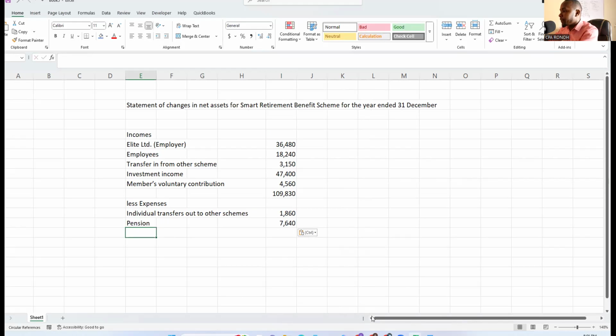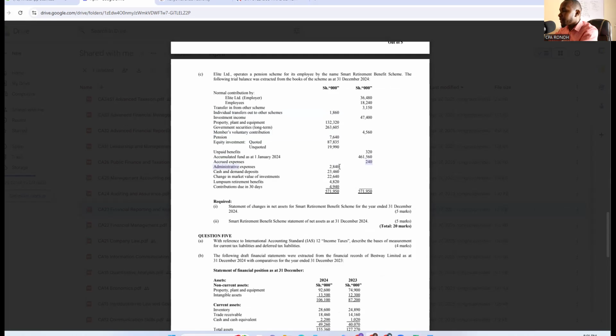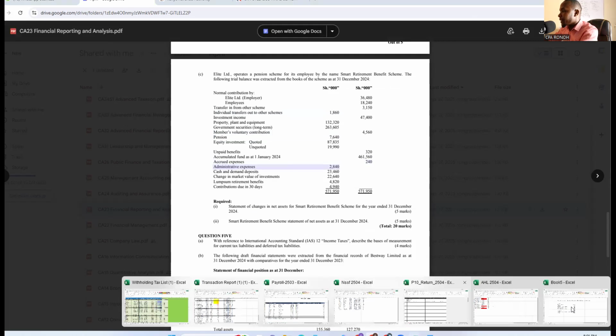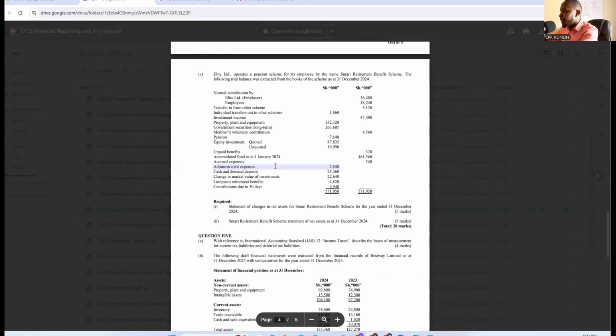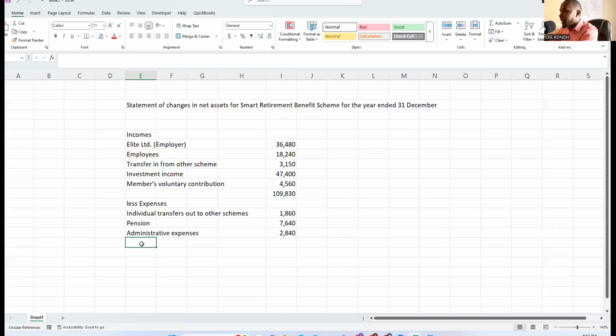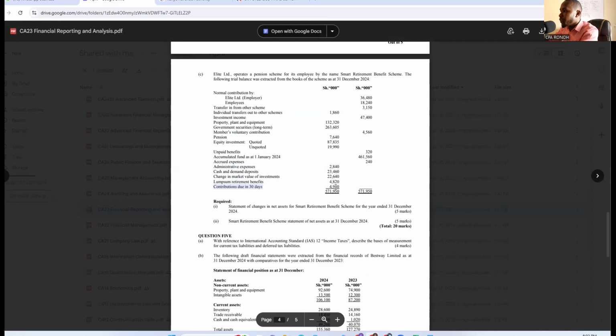And then what else? We have administrative expenses, which is this. We have the lump sum retirement benefits. There are people who are being paid the lump sum of the retirement benefits, so it's also an expenditure. We also have a contribution due in 30 days.